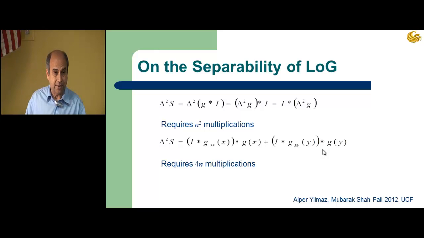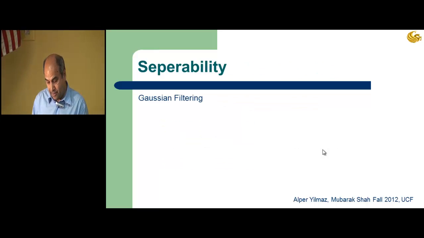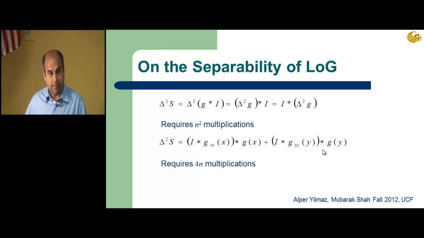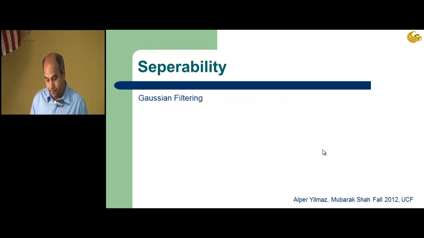It's not as good as just Gaussian, but we can still save. The Laplacian is not separable, but the Gaussian is separable, so we are exploiting that property. That is the idea of separability.